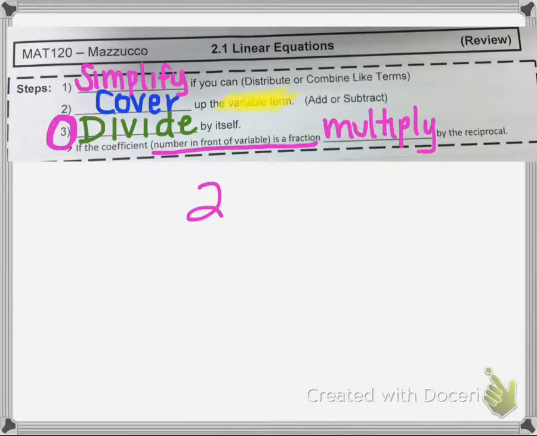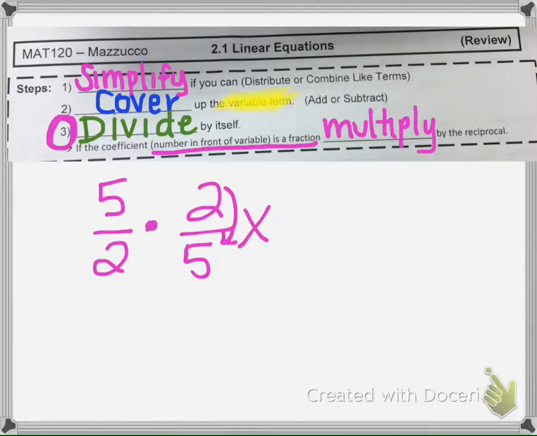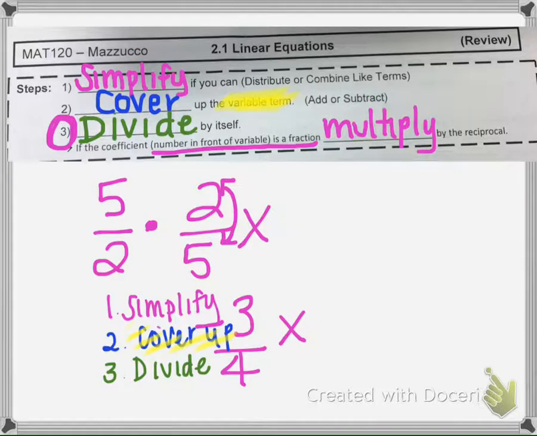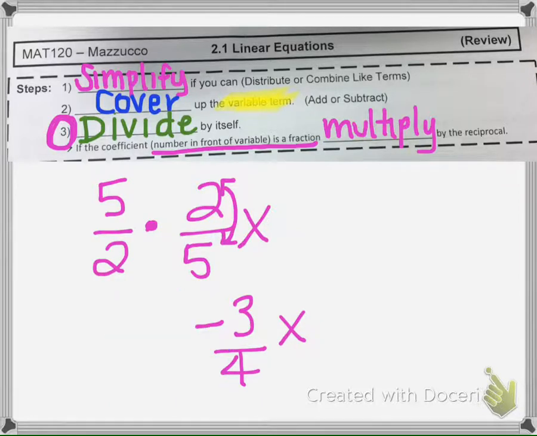So if it was 2/5 x, you're going to multiply by 5/2. So the reciprocal is when you switch the numerator and the denominator. If it was negative 3/4 x, then you would multiply by negative 4/3. So you're just switching the numerator and the denominator values.